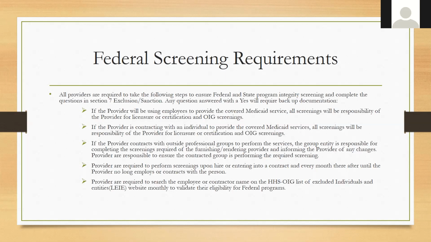The conflict of interest, the corrective action plan is with CMS and our waivers. ESS is not a waiver program. It is a Medicaid program. It's not a Medicaid waiver program. But providers of ESS should enroll as a Medicaid provider.